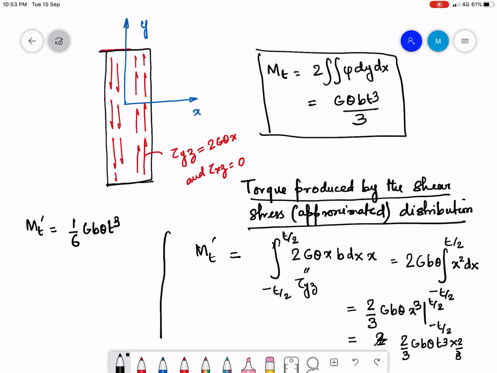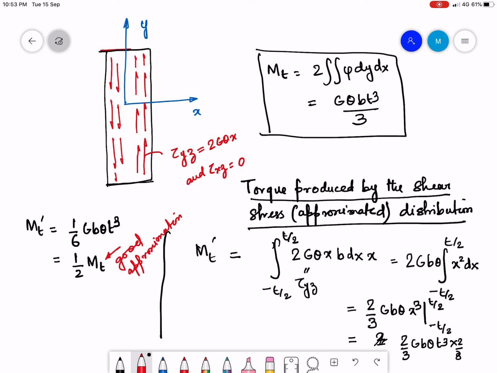Now, we can see that this is nothing but half of Mt. Now, Mt is a good approximation, because it is coming from the deformed shape of the analogous membrane, which is just a small approximation of the actual deformed shape.